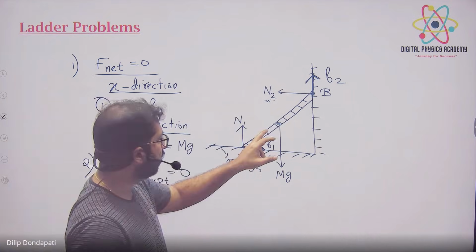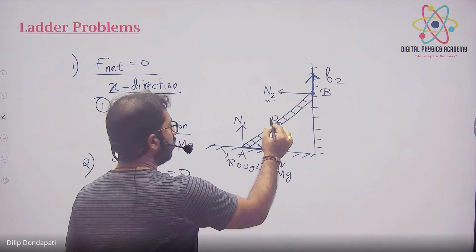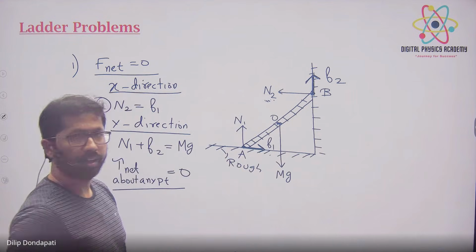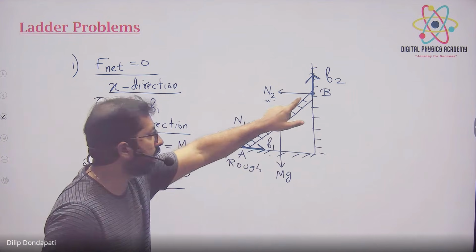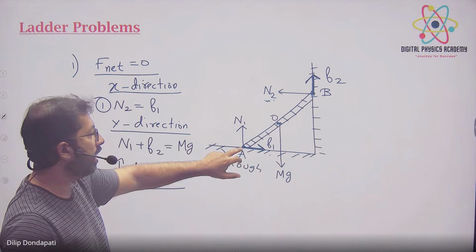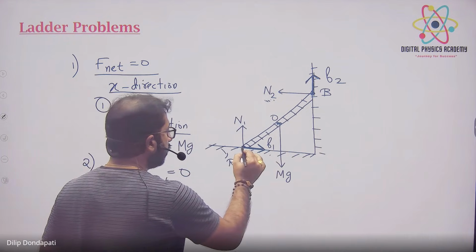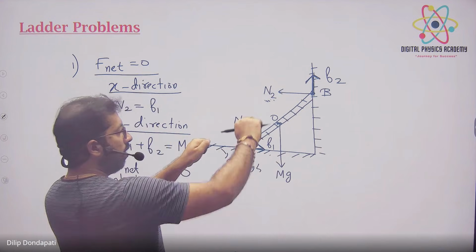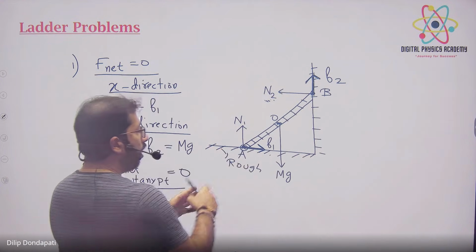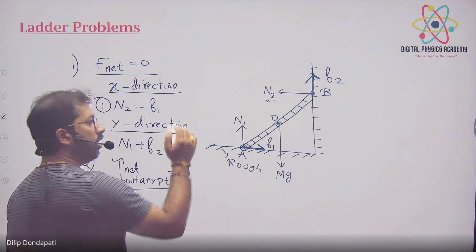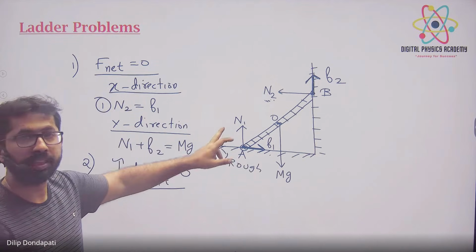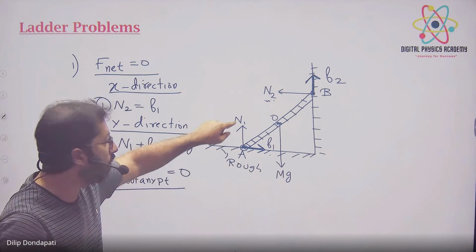Sir, A or B. Very good. So always don't take center वगैरह. Okay. A or B लेने से advantage क्या है? We can calculate N1 or N2 directly. Why? Because suppose about this point I am taking the torque. Now this force is passing through the axis of rotation. So whenever this force is passing through axis of rotation, torque about it is 0.